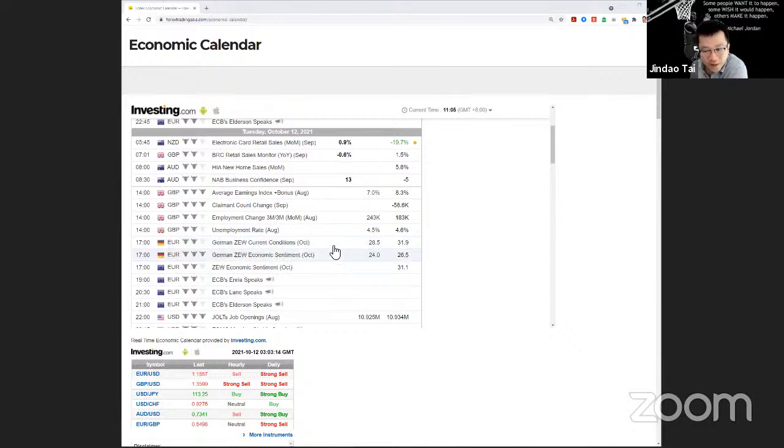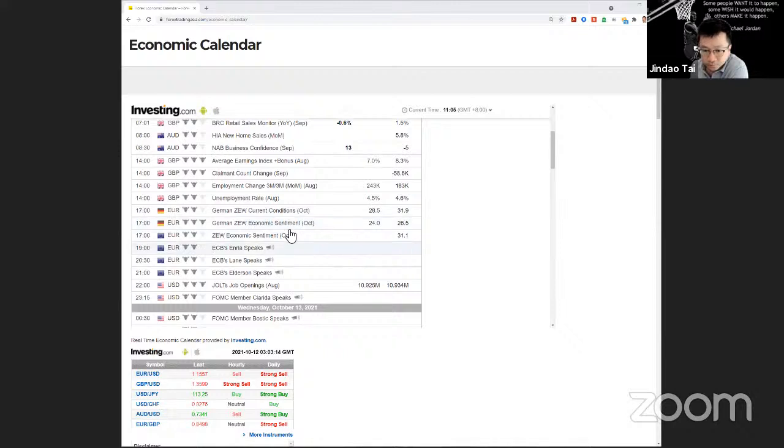So that drop could actually have an impact on the euro dollar for today. I wouldn't be too worried about the members speaking at these points because they don't normally move prices too much.